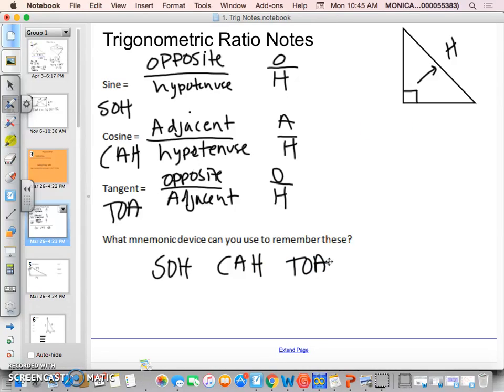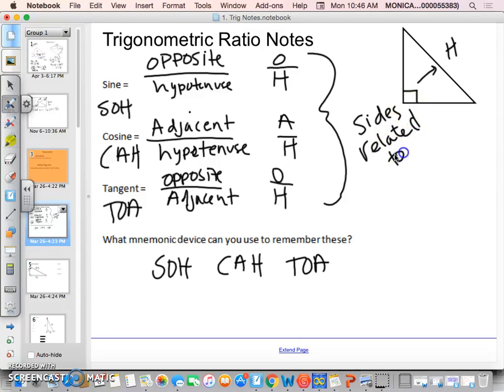I learned that when I was in high school, and we're still using the same mnemonic. Again, these are sides related to an angle. These are ratios, right? Now let's take a look. This is what you need to know. These are your notes. This is the meat of what you need to know. And this should be an A, not an H.